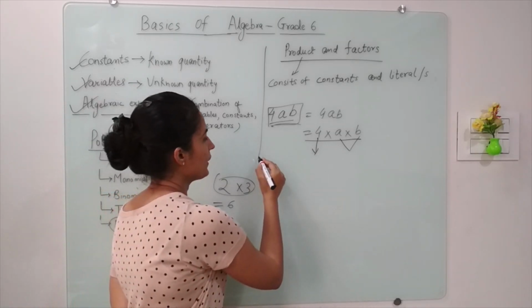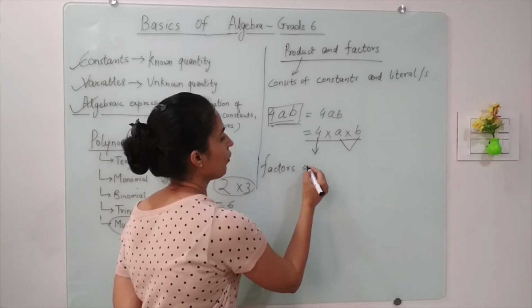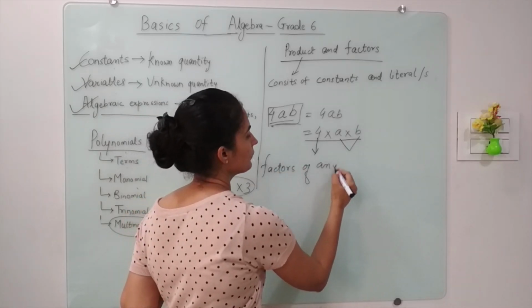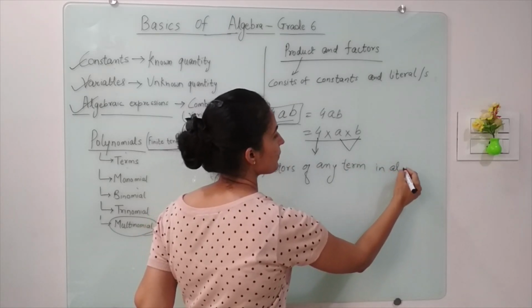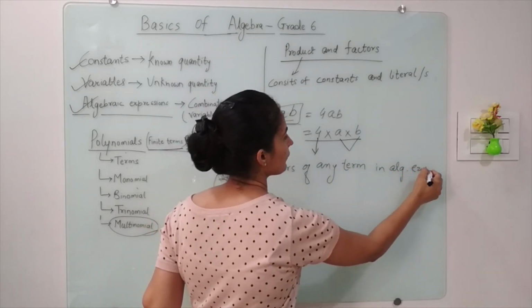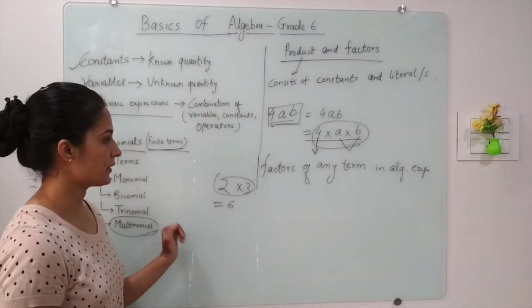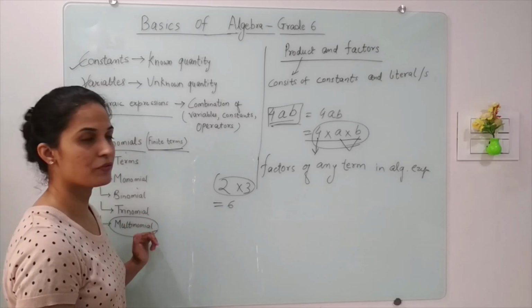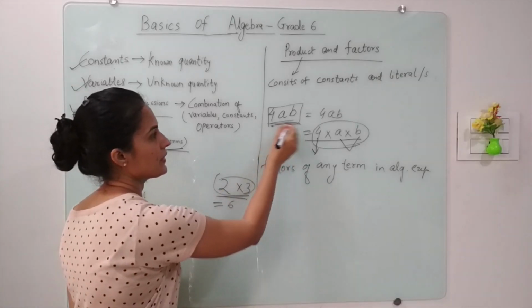Now if I want to understand the factors of any term in an algebraic expression, again in this example we will try to understand. Let's first see the factors of this. This is a numeric expression and this is an algebraic expression.